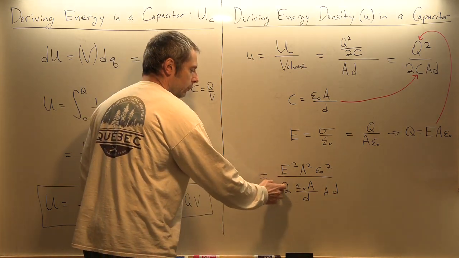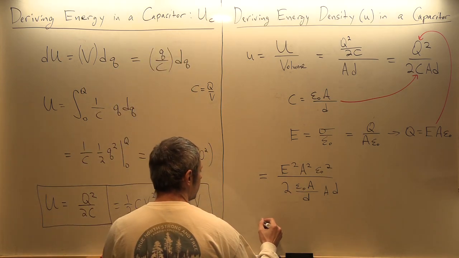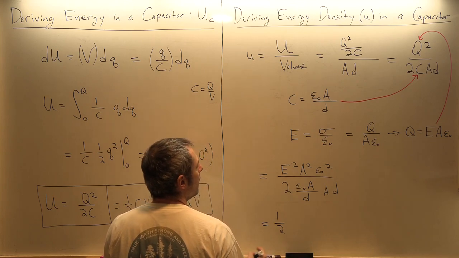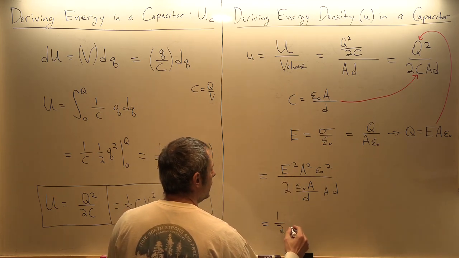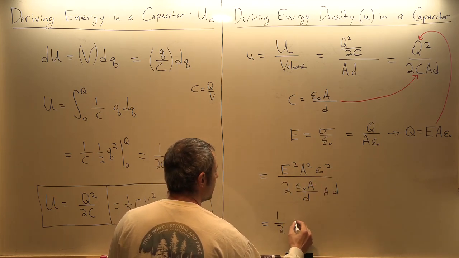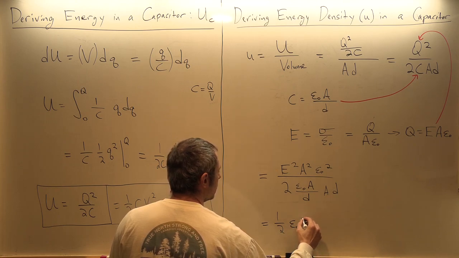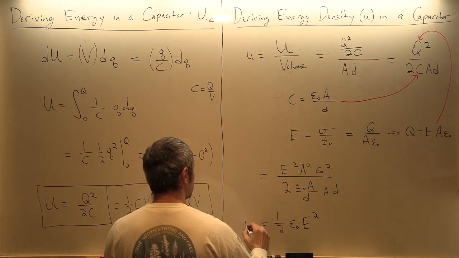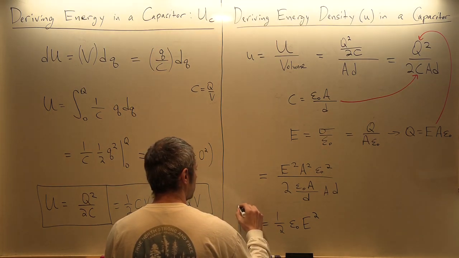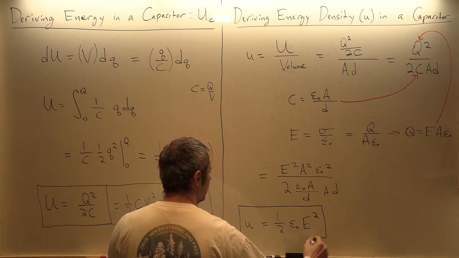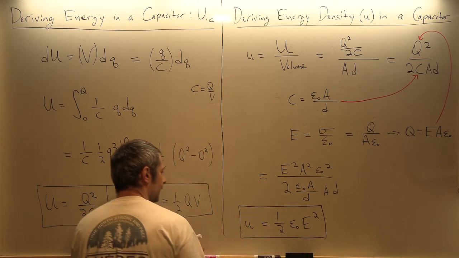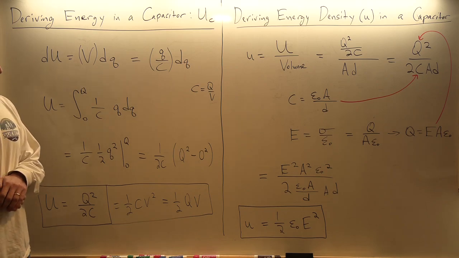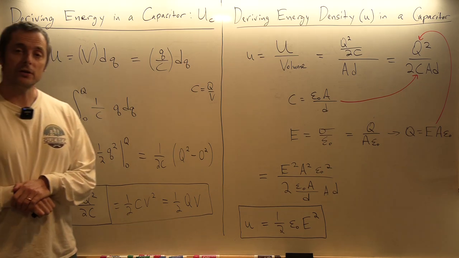What's left over is the 1/2, the electric field squared and the epsilon 0. And there is the energy density inside a parallel plate capacitor.